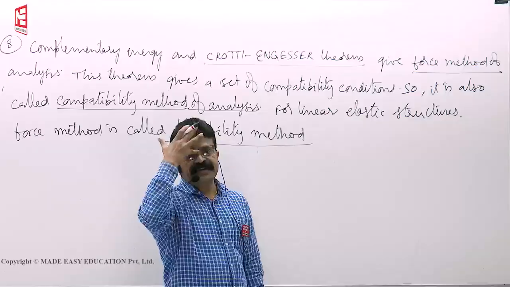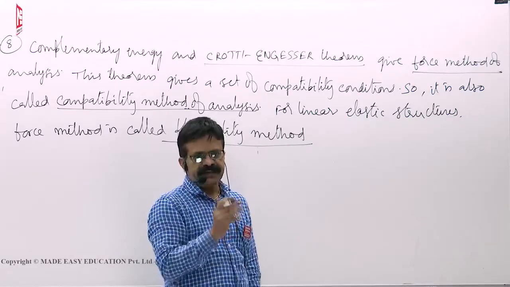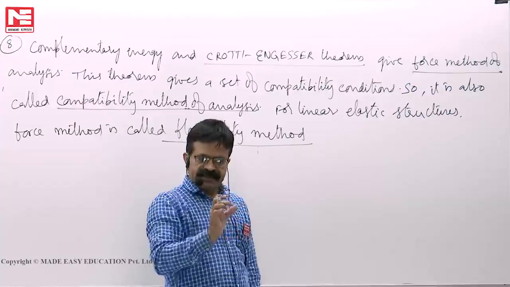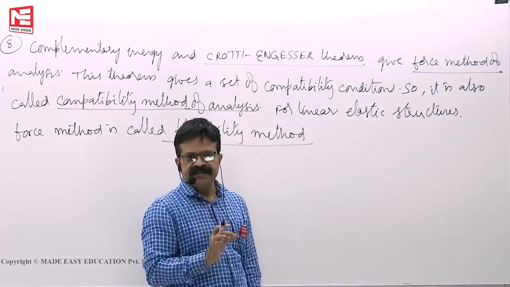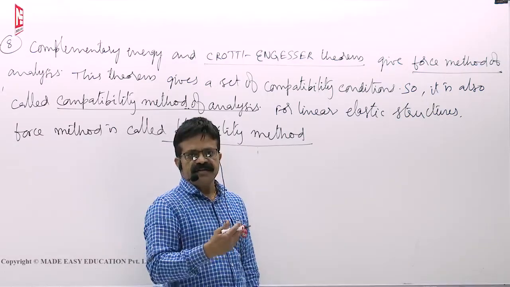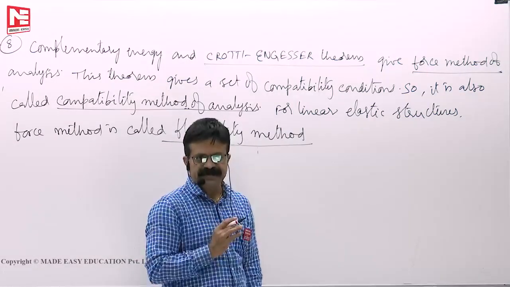What is that flexibility? Strength of materials you have studied. AE, the product, is called axial rigidity. Axial rigidity by L, AE by L, is called axial stiffness. Inverse of that, L by AE, is called axial flexibility or simply flexibility.